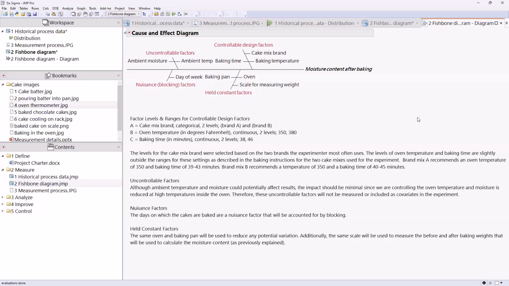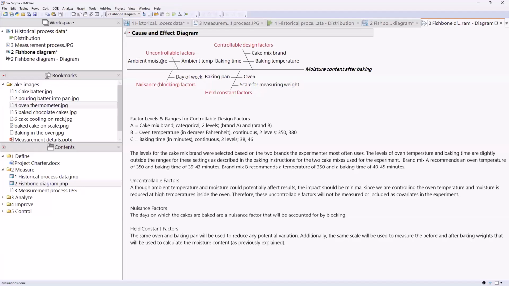Here you can see that my categories are broken down into controllable design factors: the brand, the baking temperature, and the baking time. Held constant factors are the pan, the oven, and the scale, mainly because I only have one of each of these things. The uncontrollable factors are ambient temperature and moisture.